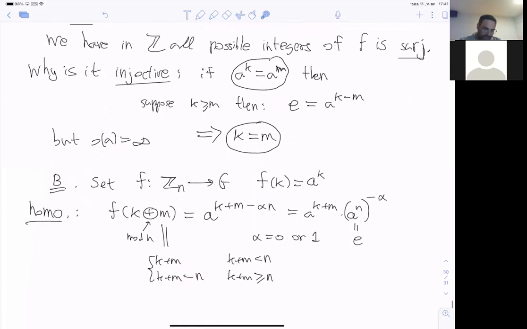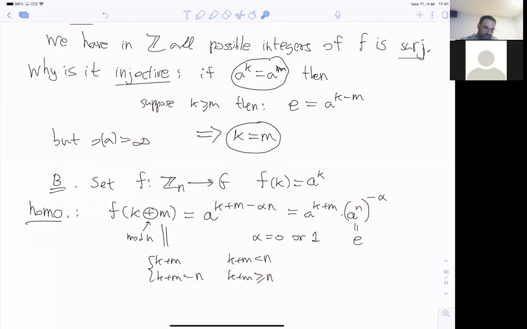And we have already seen that... Oh, we didn't see that? We have said it, but we didn't show yet that always the order of an element divides the order of the group.